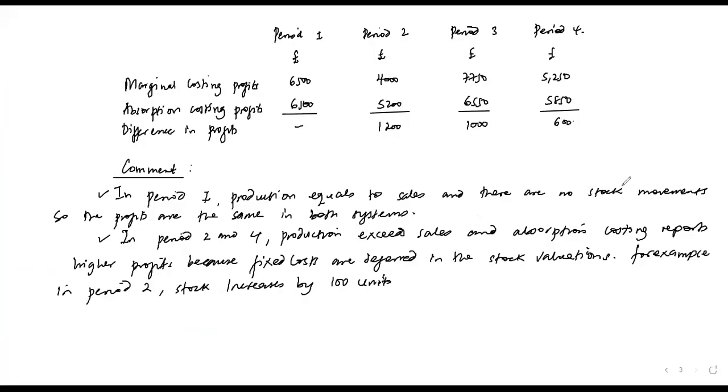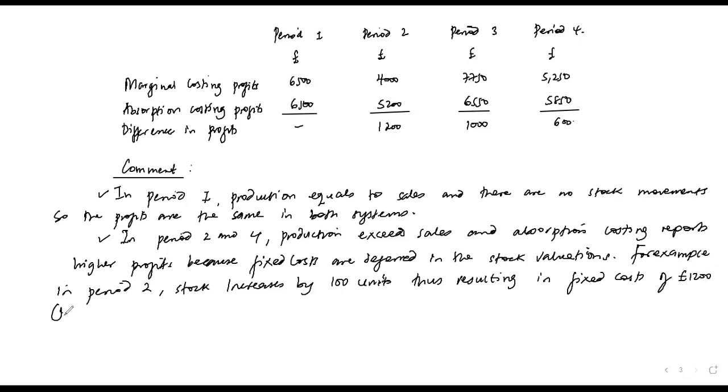So for example, in period 2, stock increased by 100 units, thus resulting in fixed costs of 1,200 pounds.